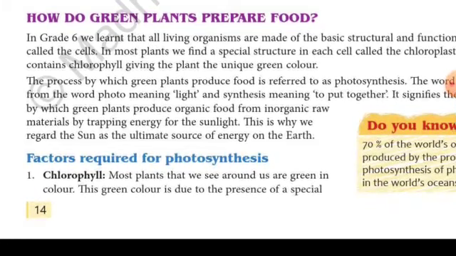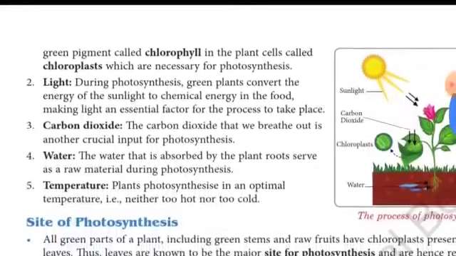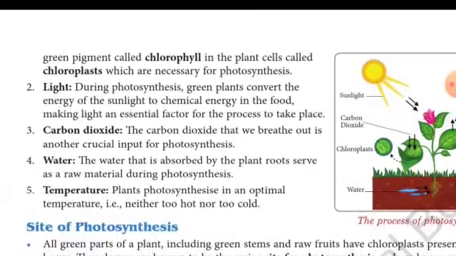Chlorophyll is the green substance present in leaves, and this chlorophyll is found in chloroplast, which is present under the surface of leaves. The chlorophyll helps to trap the sunlight, and due to this the photosynthesis takes place.